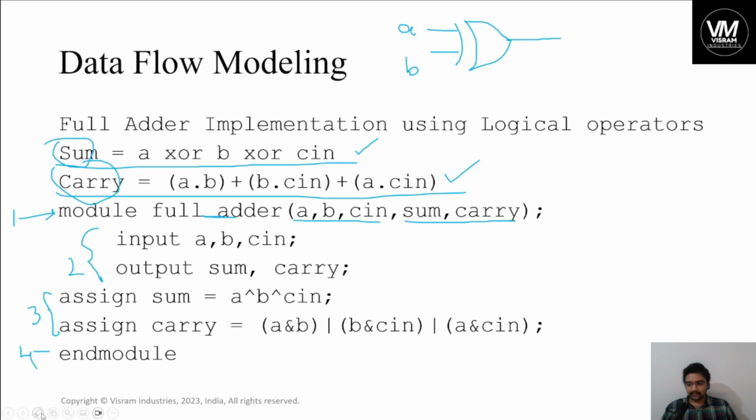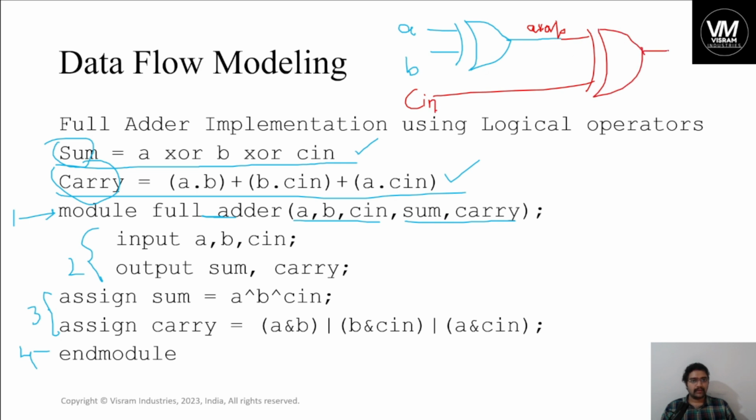Carry in. How do we write it? I will declare it with another color. So now A XOR B, the output is A XOR B. This output is again combined with C in.